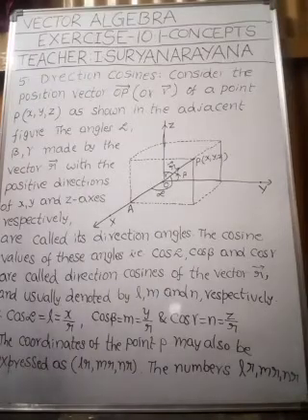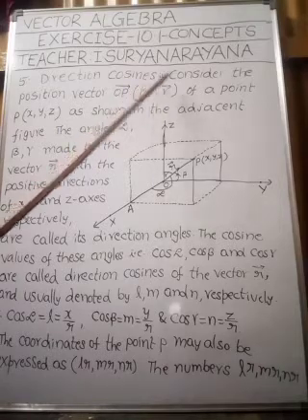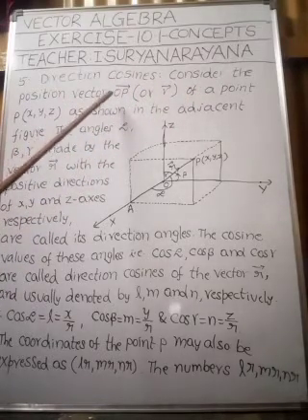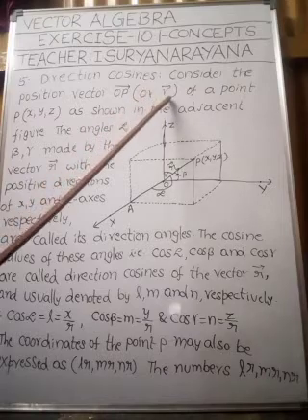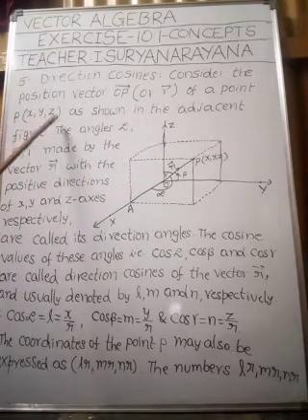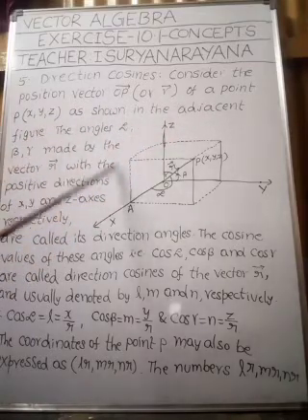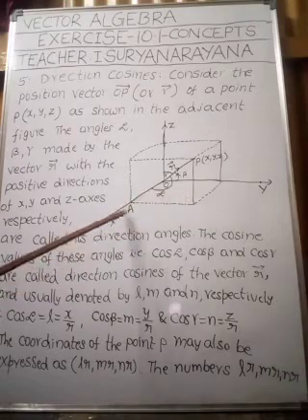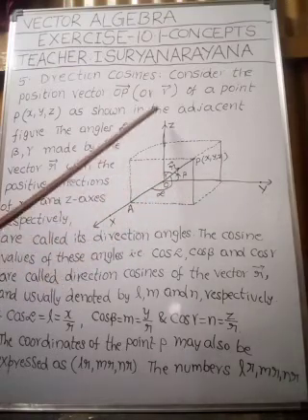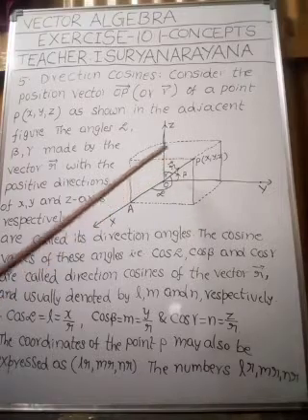Now come to this point, my children. Direction cosines. Consider the position vector OP bar or R bar of a point P, ordered triplet x, y, z, as shown in the adjacent figure. Observe this figure. This is OX, OY and OZ, the three coordinate axes in three-dimensional geometry.